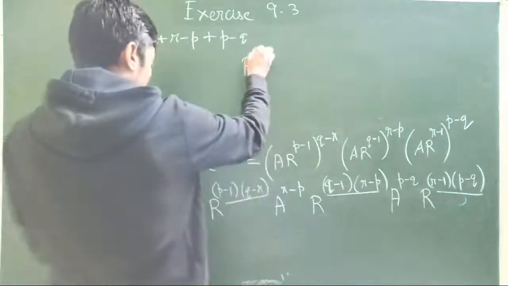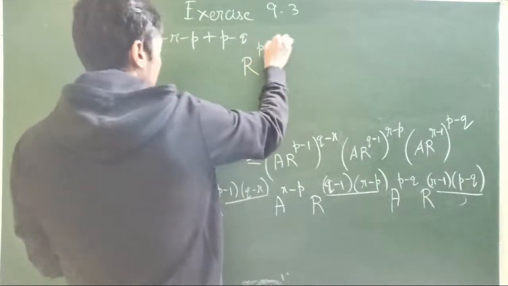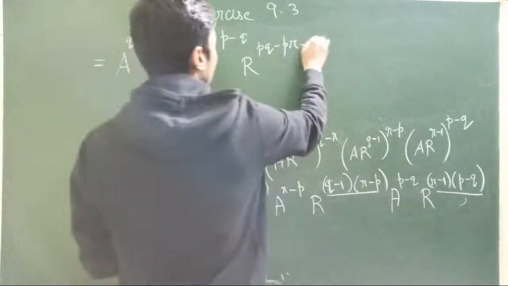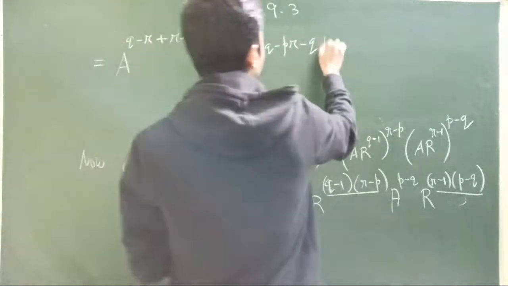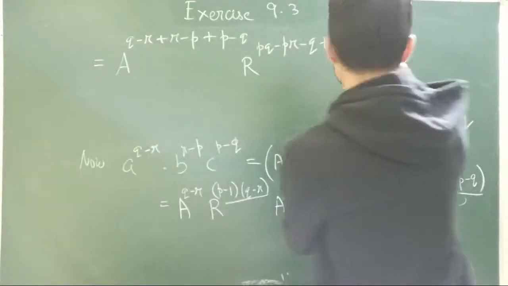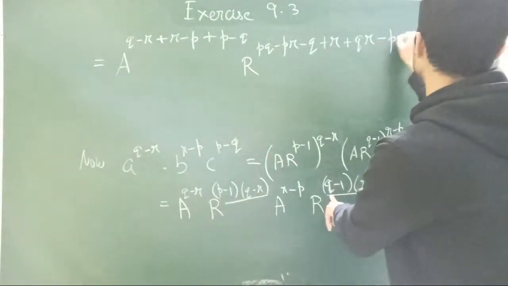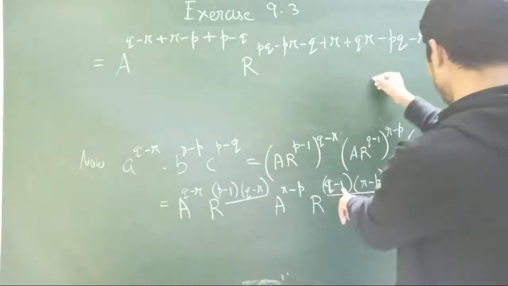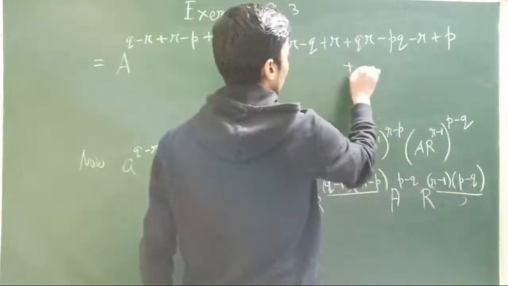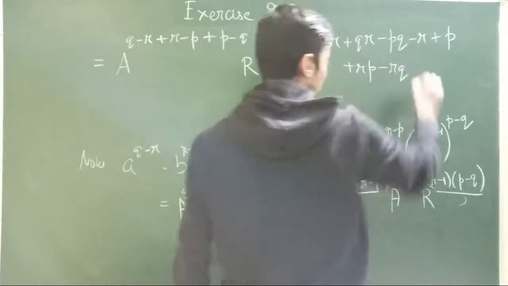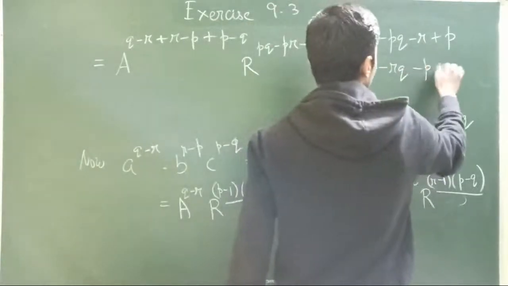So for r, that's pq minus pr minus q plus r, again plus qr minus pq minus r plus p, plus rp or pr minus rq minus p plus q.